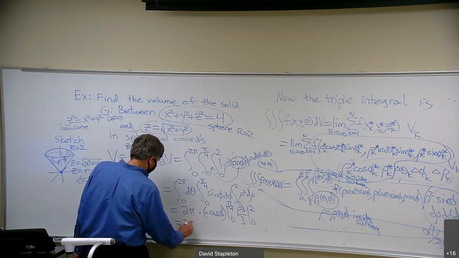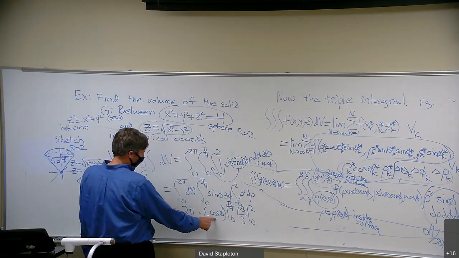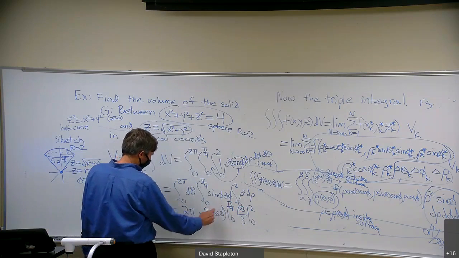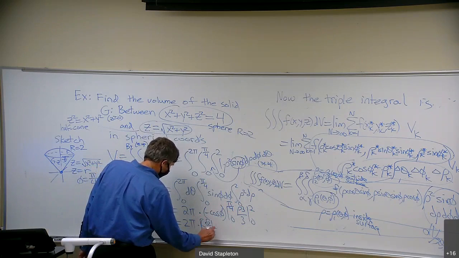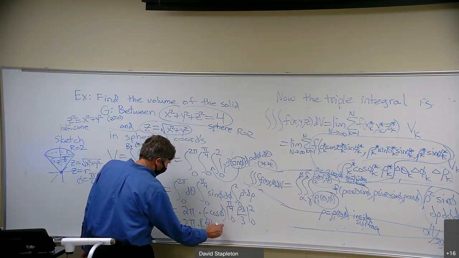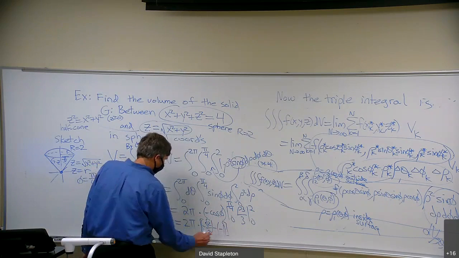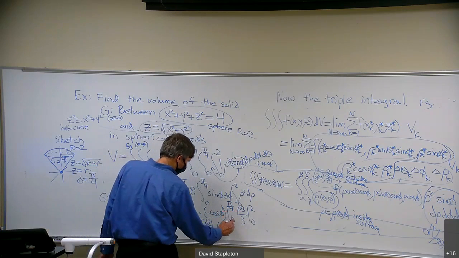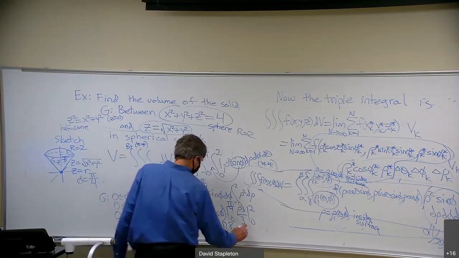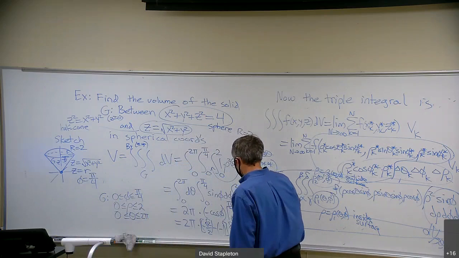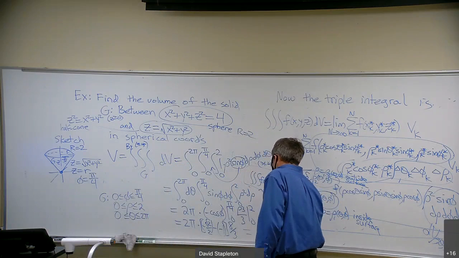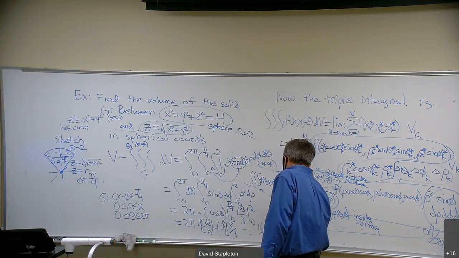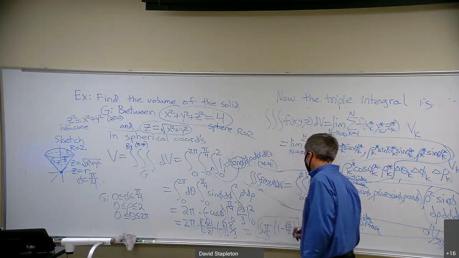So I wind up with 2 pi times, let's see, cosine of pi over 4 is square root 2 over 2, so I get minus square root 2 over 2, and then minus, at 0 cosine is 1, so it's minus a minus 1. And then this one is just 8/3. So the volume of the ice cream cone is 16 pi over 3 times 1 minus square root 2 over 2. There we go.